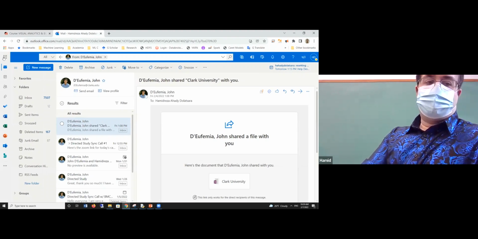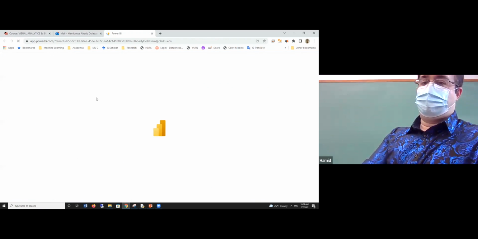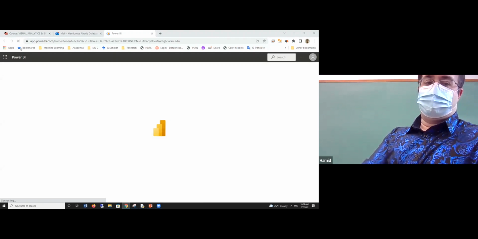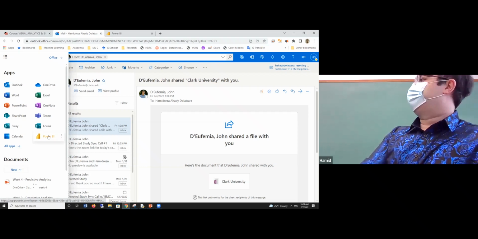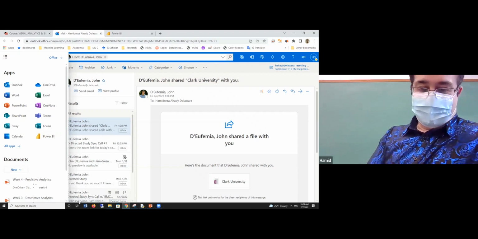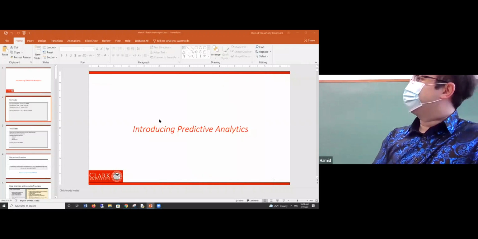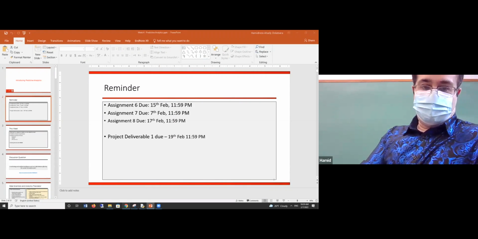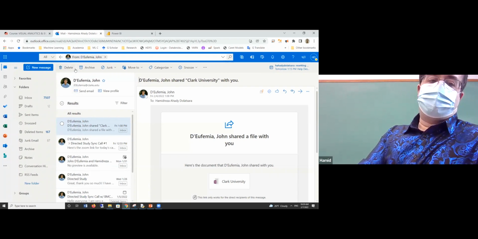On your Clark email address, on the left side, there are some dots.